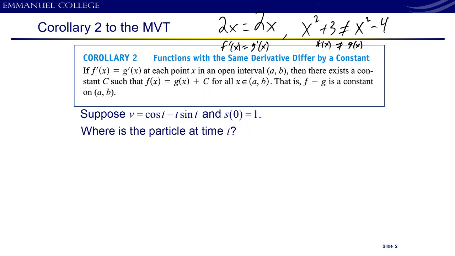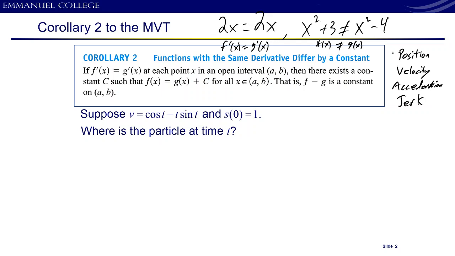So I know the particle's position when the time is equal to 0, and I know its velocity throughout. And if you remember our chart, we had position, velocity, acceleration, and then you also have jerk.